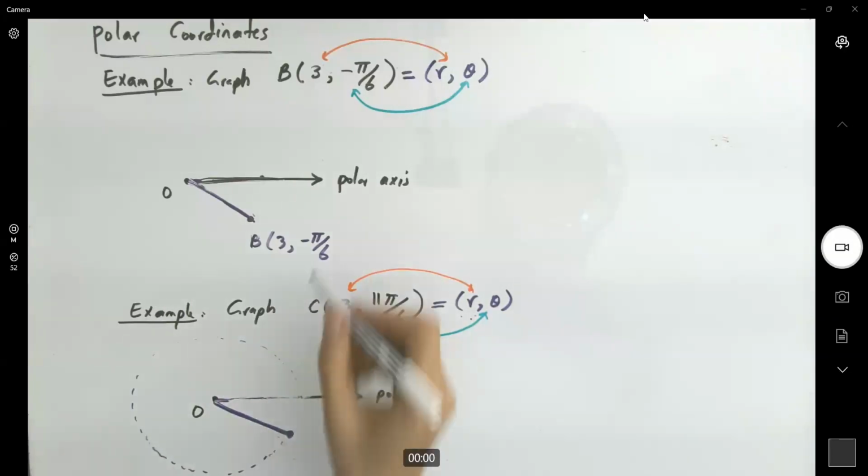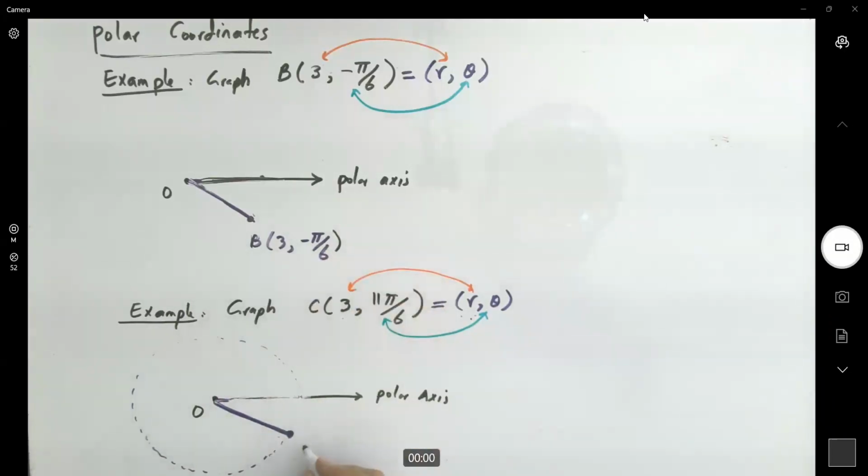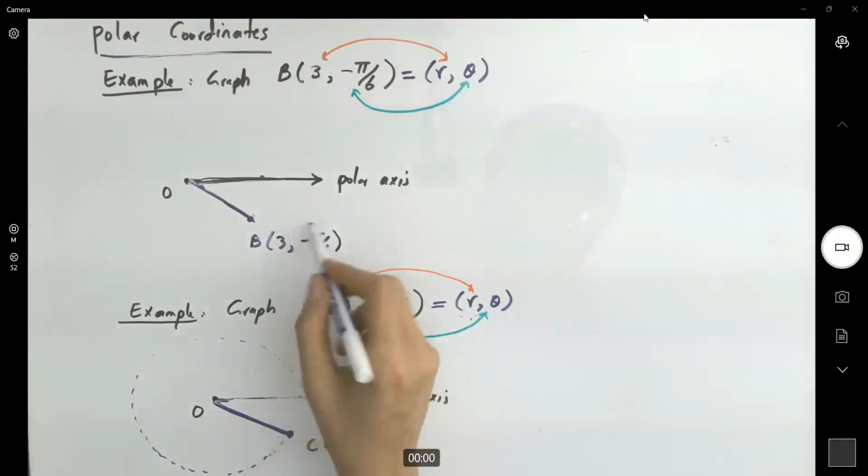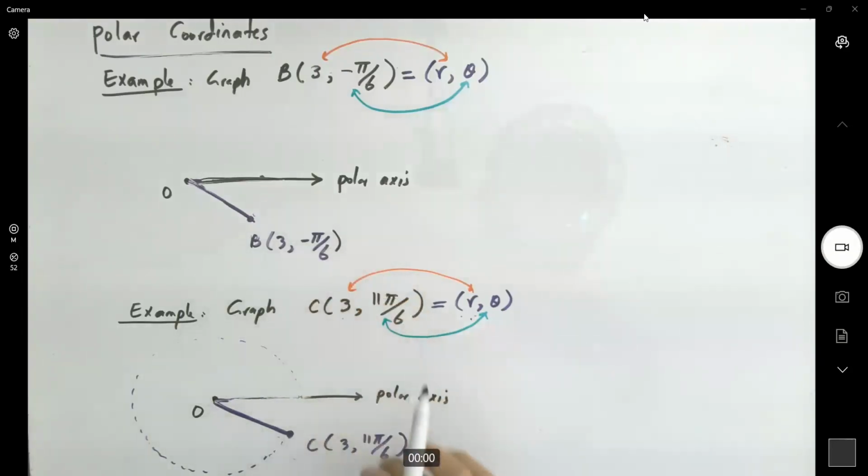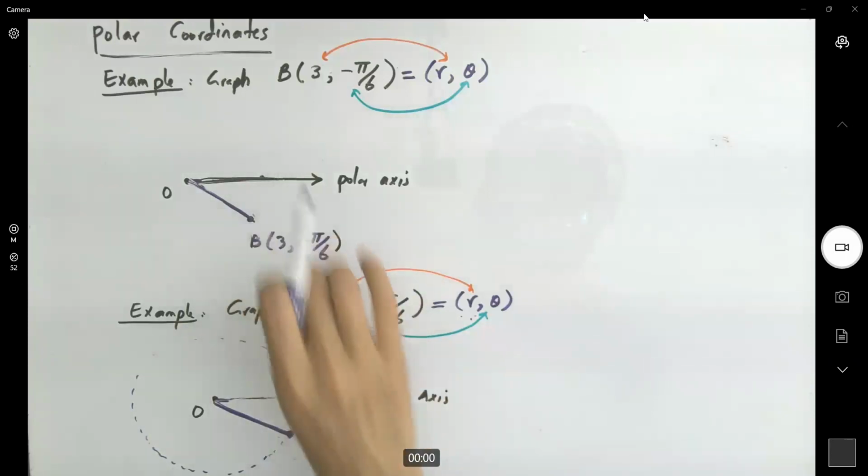The only part that you actually need to represent is the last part. C, 3 and 11 pi over 6. Just note that 11 pi over 6 and negative pi over 6, they coincide.